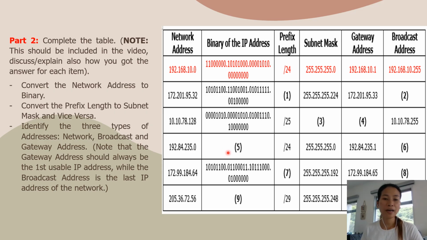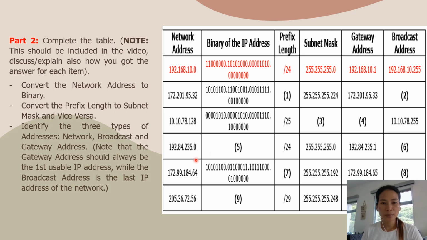Then we'll find the 84. It will be 64 plus 16 plus 4. So 84 in binary is 0, 1, 0, 1, 0, 1, 0, 0.